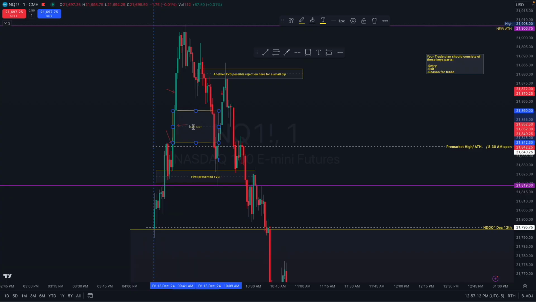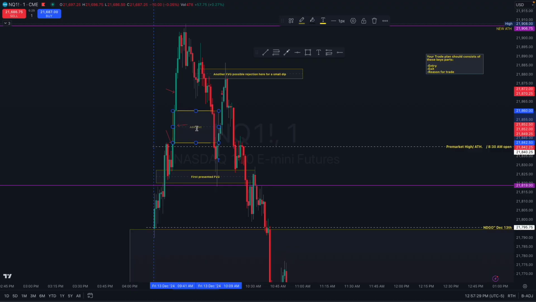Now wait for the price to return to retest this gap, which is also a midpoint. This gap I also call BISI, which means buy side imbalance and sell side inefficiency. Once the retest is at the midpoint, look for your trade setup.